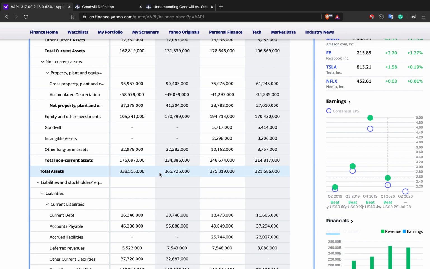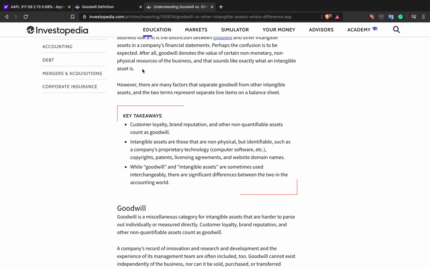You're looking at the financials and you see that the book value is 1 million, but you might have to pay a premium just because of the goodwill or the standing in the market that the company has. The standing could be because of customer loyalty, brand reputation, and non-quantifiable assets.